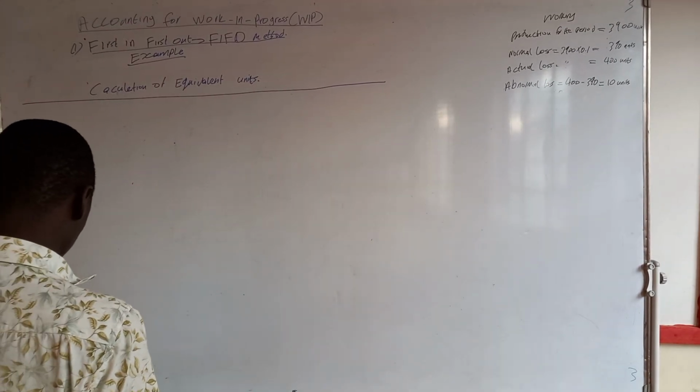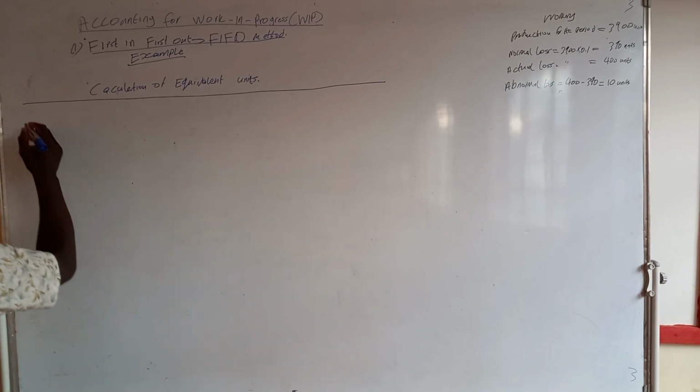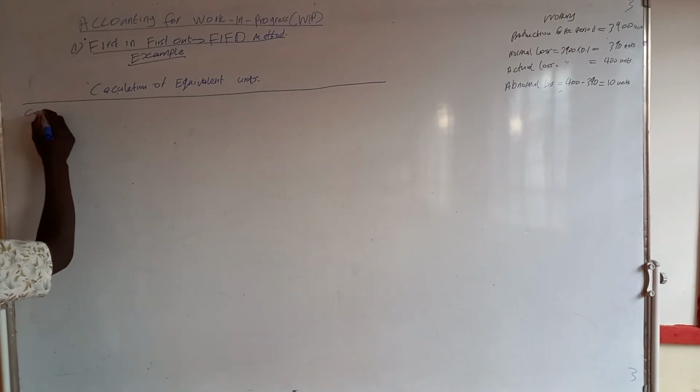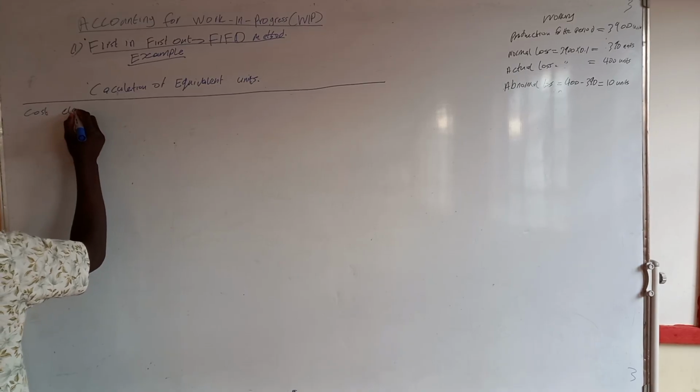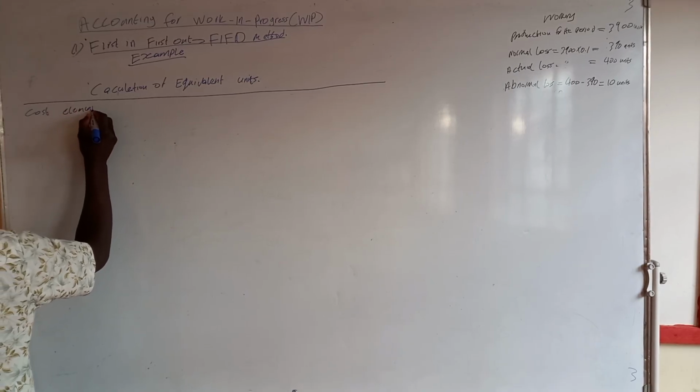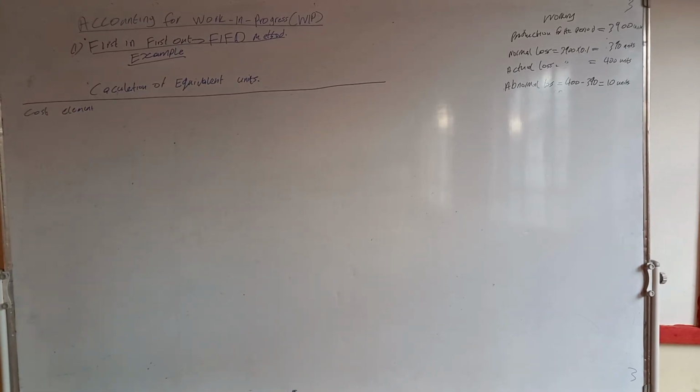Under this table, the first item we are going to have is cost element. That's the first thing.